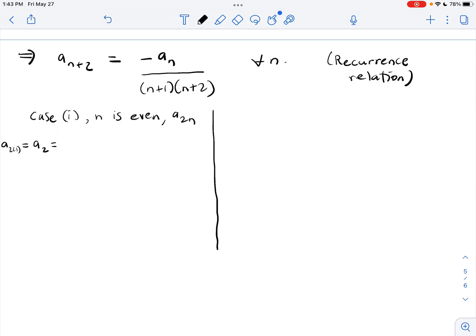Well, just plug it into the formula. a2 has to equal negative a0 divided by n plus 1 times n plus 2. So remember, n is 0 in this case, right? So this is going to be over 1 times 2. So this is what we get for a2. We need to keep doing this until we can find a pattern. So what about a4?